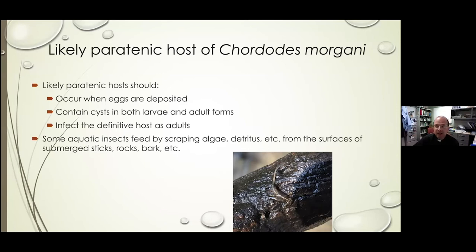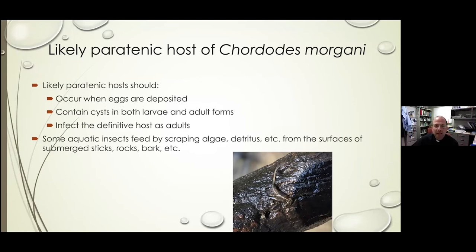The cyst stage has got to be both in the larval stage of the host, but also in the adult form of the host, right? Because with the black fly larvae, it might have been in the larval stage, but not so much in the adults. And then that adult is going to transfer it into the terrestrial environment. So the terrestrial host has to encounter it, consume it, and become infected with it. So all those boxes have to be checked.